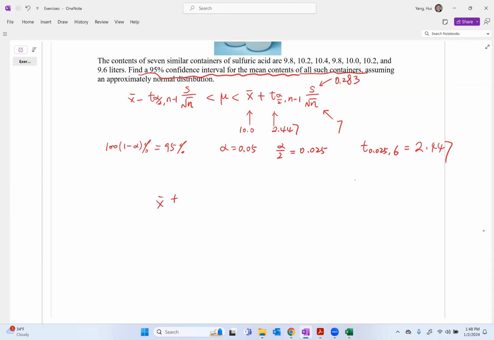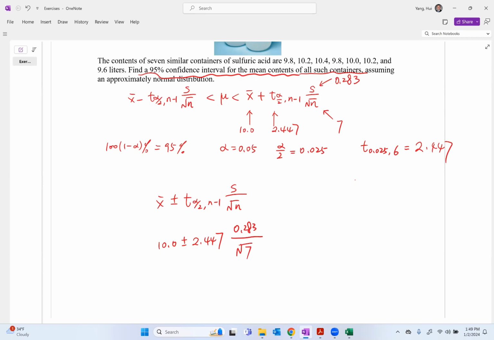So the 95% confidence interval for the mean content of all such containers, that's the population mean, will be x bar plus or minus t alpha over 2, n minus 1, s over square root of n. So this will be 10.0 plus or minus 2.447 times 0.283 over square root of 7.